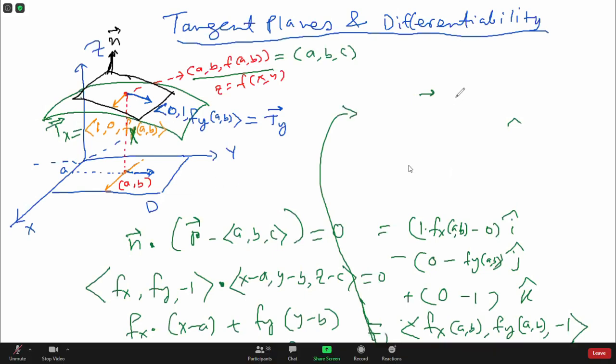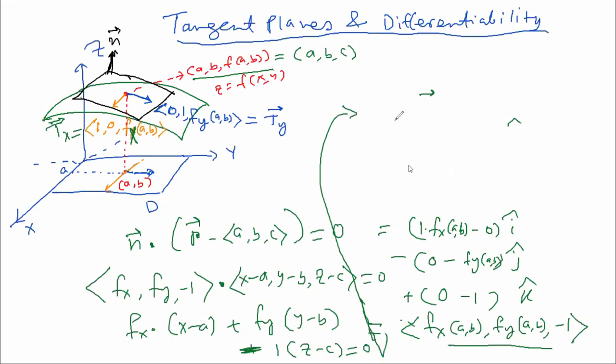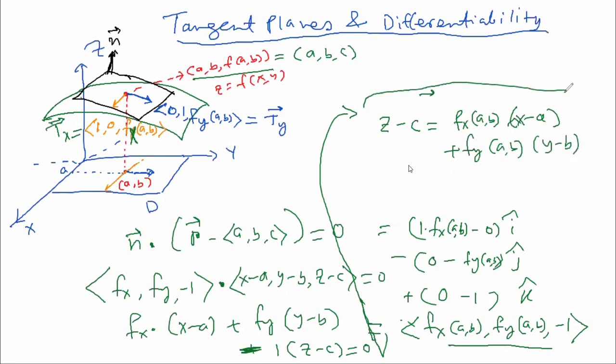You write z on the right hand side. If you do that, it would be z minus c because f of x at ab times x minus a, f of y at ab times y minus b. So this is the equation of the tangent.